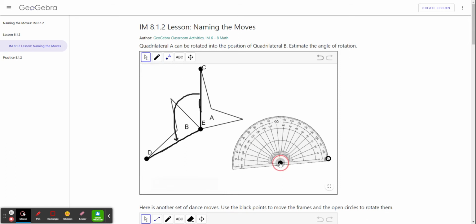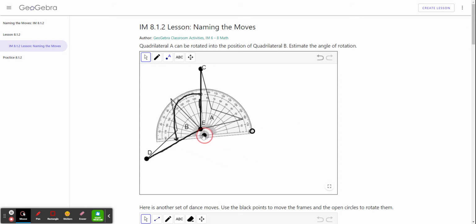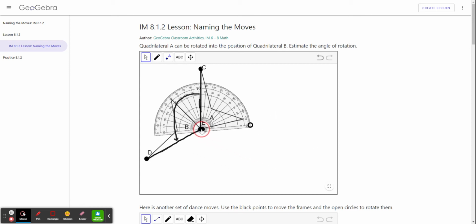So I'm just going to grab my protractor here, and I'm going to line it up with the center of rotation, and then I'm just going to turn it until this line that's pointing at the 180 right here, or the one that's kind of pointing at 0, until this bottom line right here is lined up with DE.